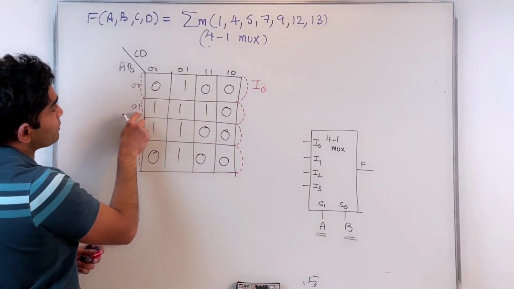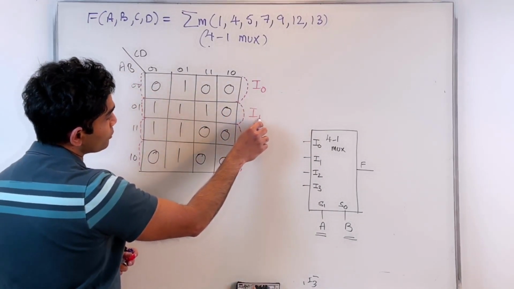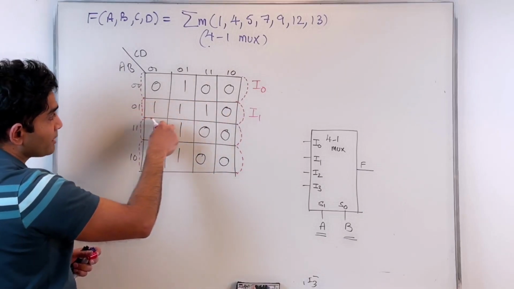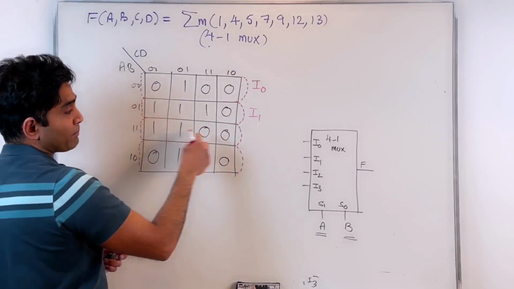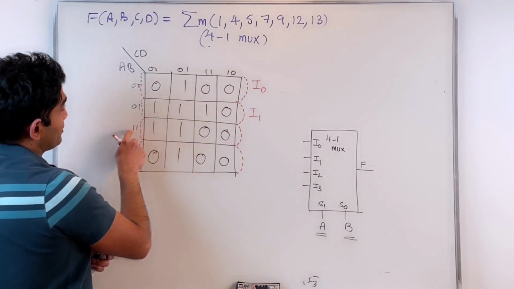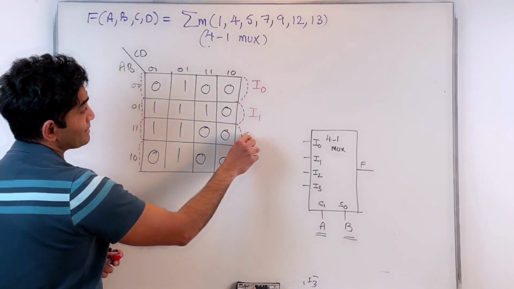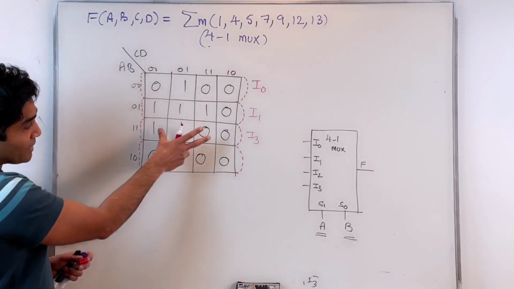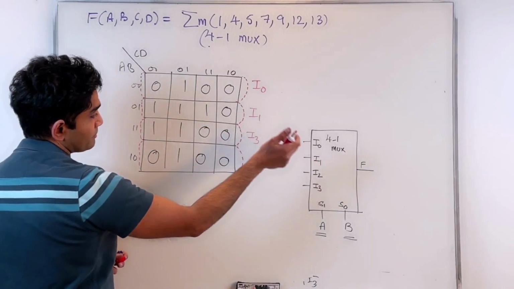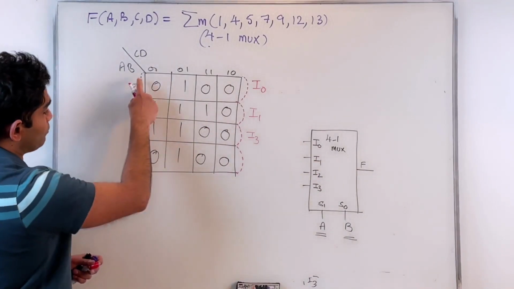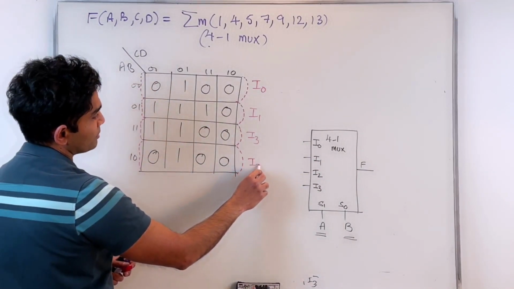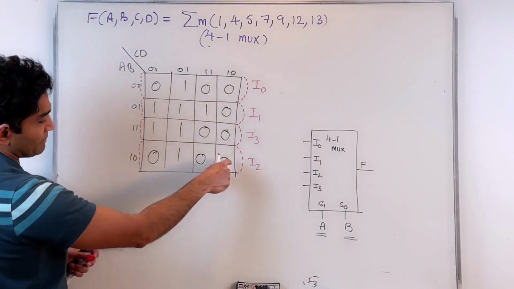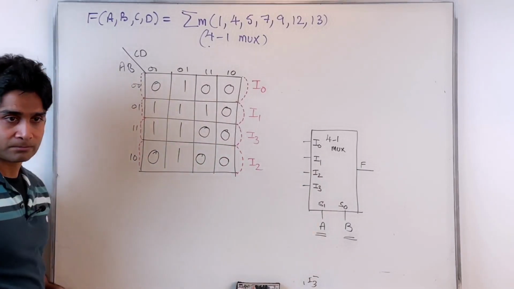A and B of 0, 1 corresponds to I1, so whatever function I get from this sub K-map should be applied to I1. A and B of 1, 1 corresponds to I3, so whatever function I get from this should be applied to I3. And 1, 0 is I2, and whatever function I get from this sub K-map should be applied to I2.